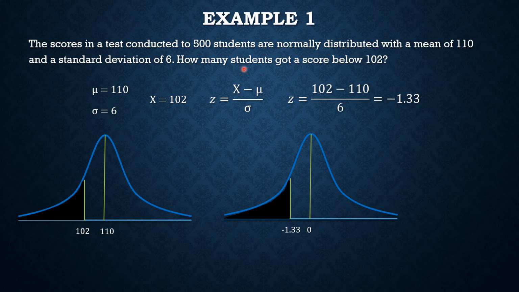Now, in order to find this area and multiply it by the total number of students, 500, of course, analyze muna natin yung pinaka-graph natin. So, para makuha natin tong area na to, kailangan na muna natin kuhanin itong portion na ito. Of course, we know that this part is 50%.